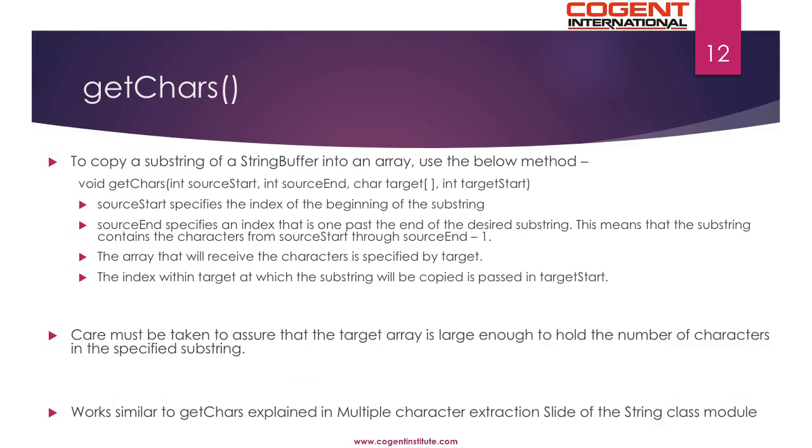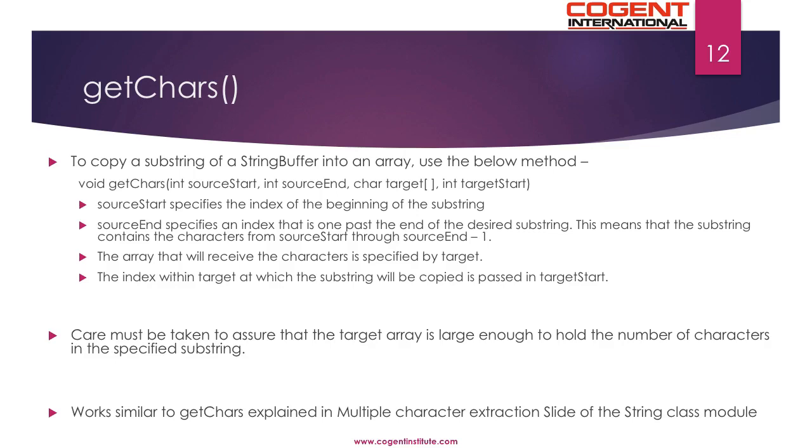Let's look at the getChars method. To copy a substring of a StringBuffer into an array, use the below method, getChars. The sourceStart here specifies the index of the beginning of the substring. sourceEnd specifies an index that is one past the end of the desired substring.